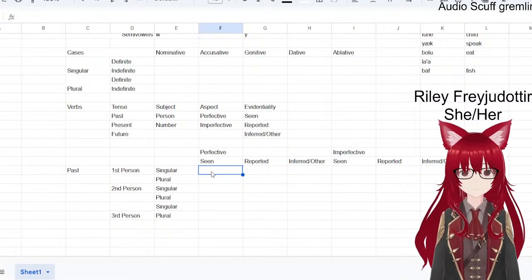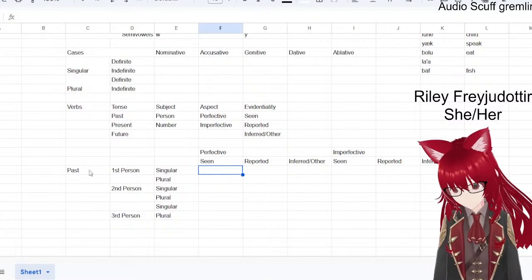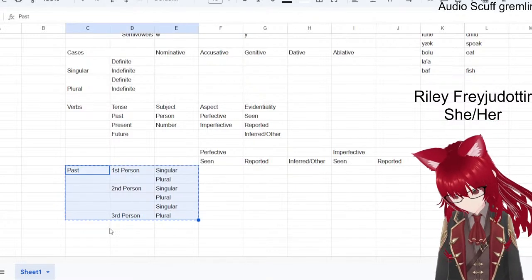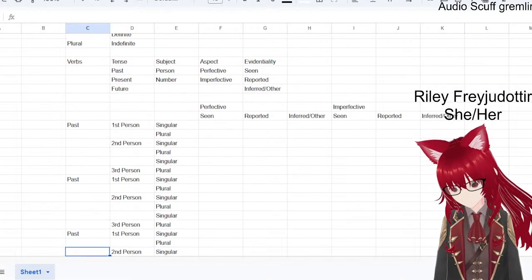Every verb is going to have 108 different conjugations. This is why language learning is hard, and some languages have way more than this.